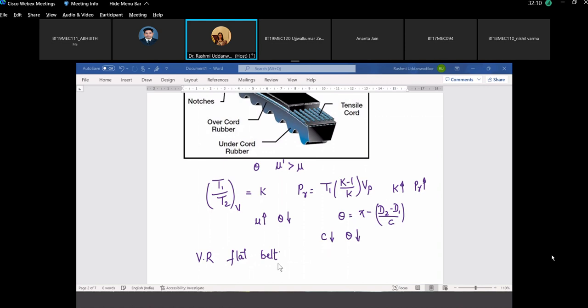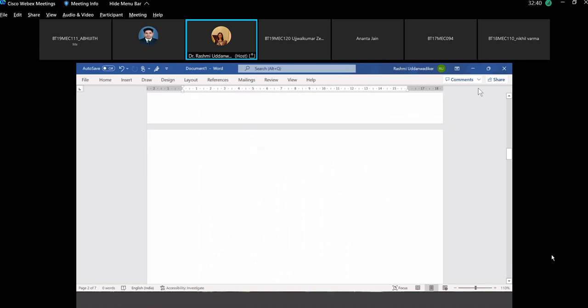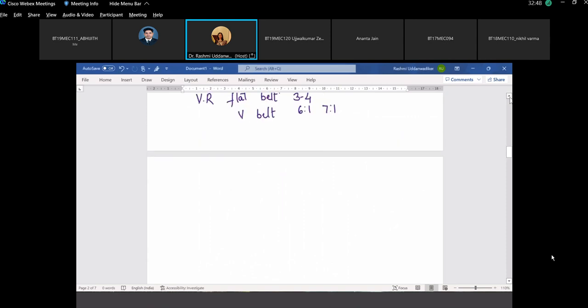Velocity ratio is limited to 3 to 4, not more than that. But with V belt, we can go up to 7. This can be 6 is to 1, 7 is to 1 for V belt. Normally for flat belt, the velocity ratio would be limited to 2.5 to 3, not more than that. We have solved the problem from 1000 RPM to 300 RPM, that is the reduction in the speed. So that is the most preferred value of velocity ratio that is considered.